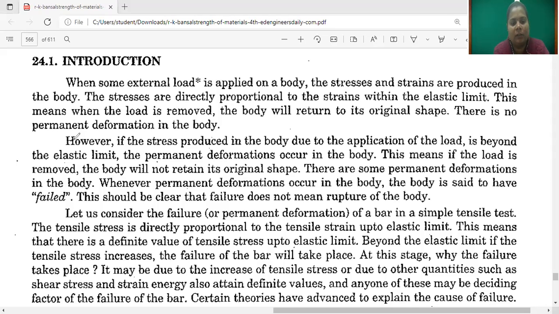There are some permanent deformations in the body.